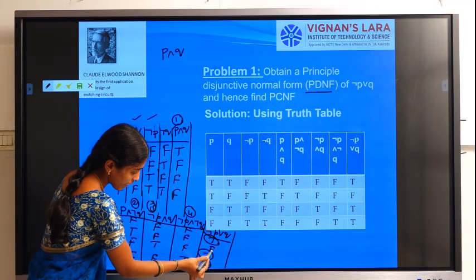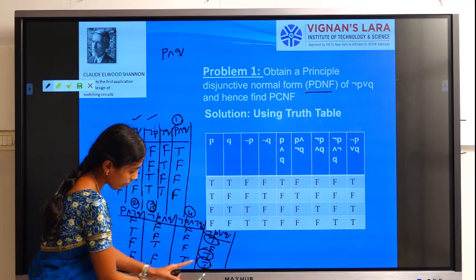Next, the next T lies in the third column.